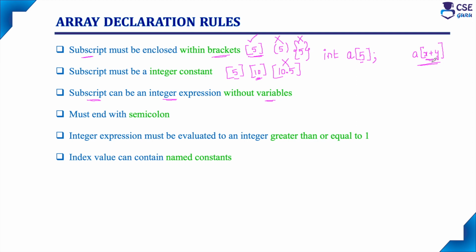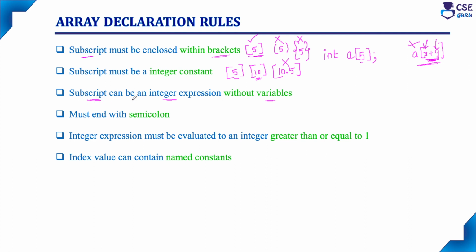During execution, x will hold some value and y will hold some value, both will be added, and finally we get an integer value. So during execution this is allowed, but during declaration it is not allowed. It will raise an error.